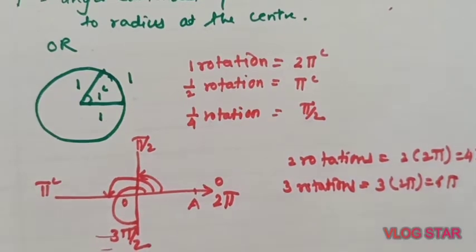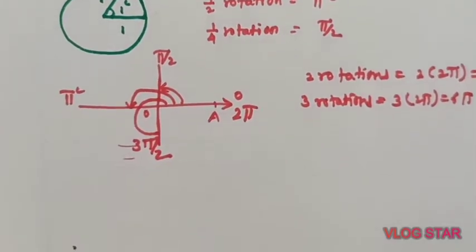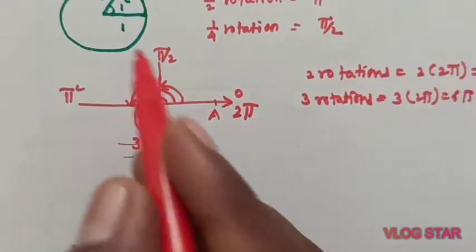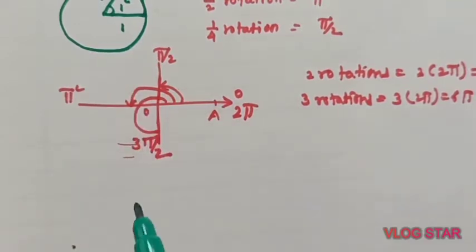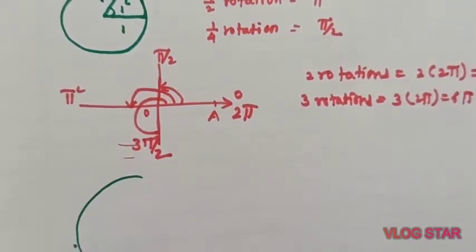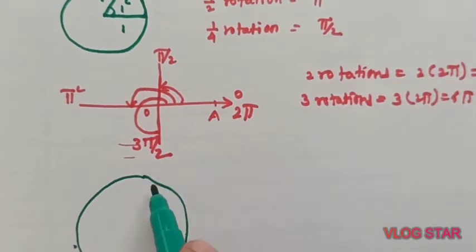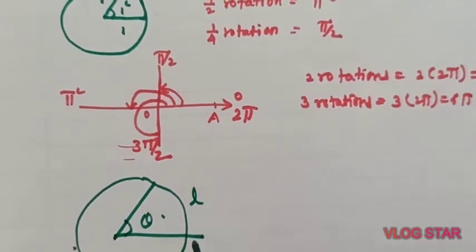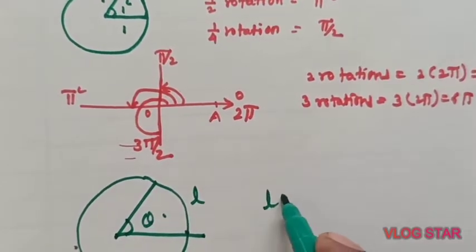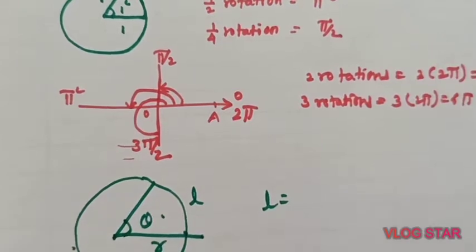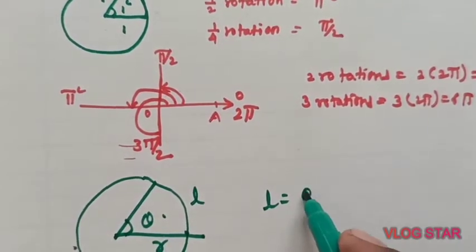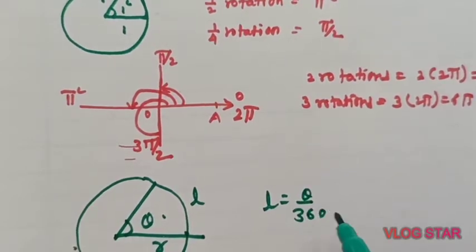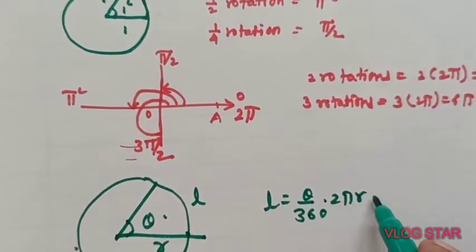Now what is the relation between length of arc and radians? What is the length of arc for a given circle? Suppose we have a circle here, this is the center, where theta is the angle and this is the length. This is the radius R. Normally we know theta by 360 into circumference 2 pi r.